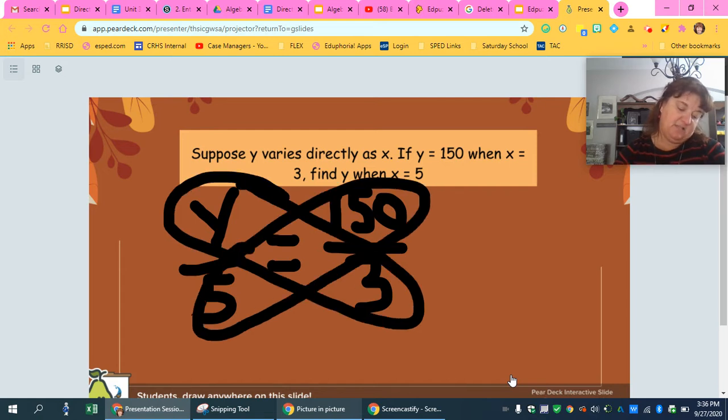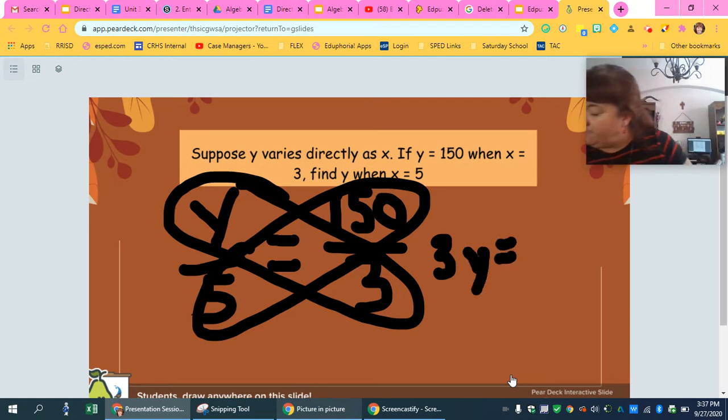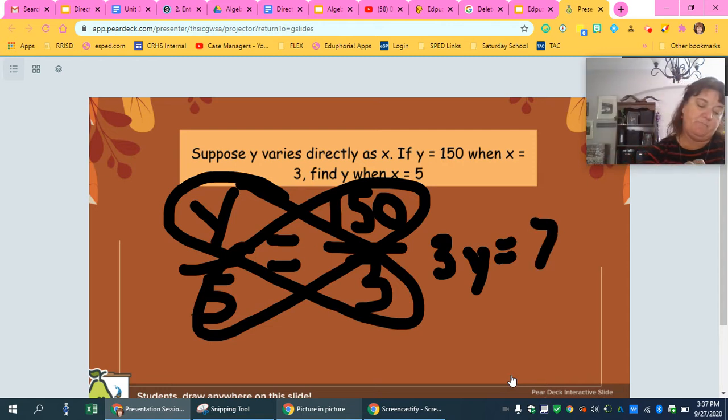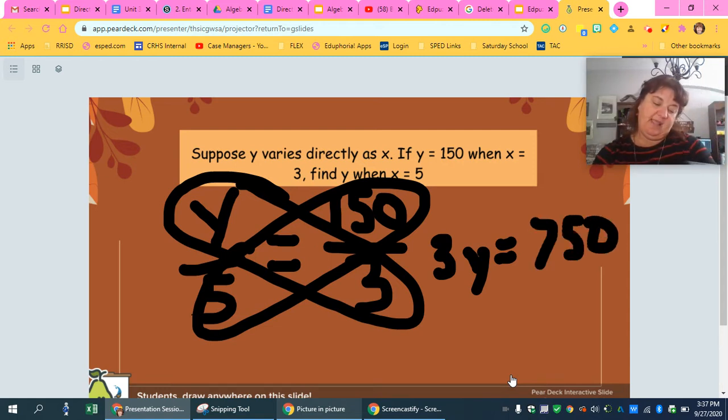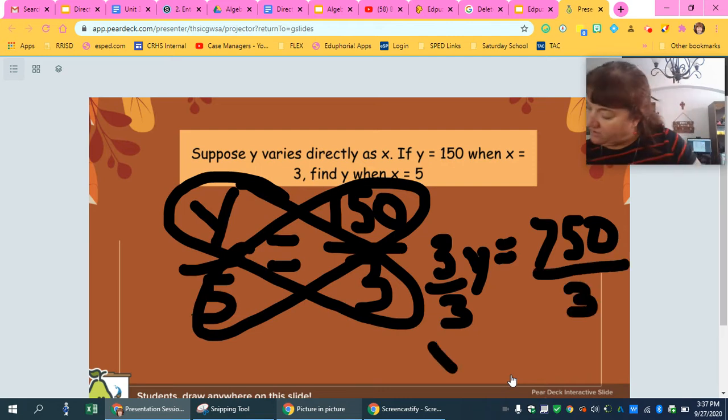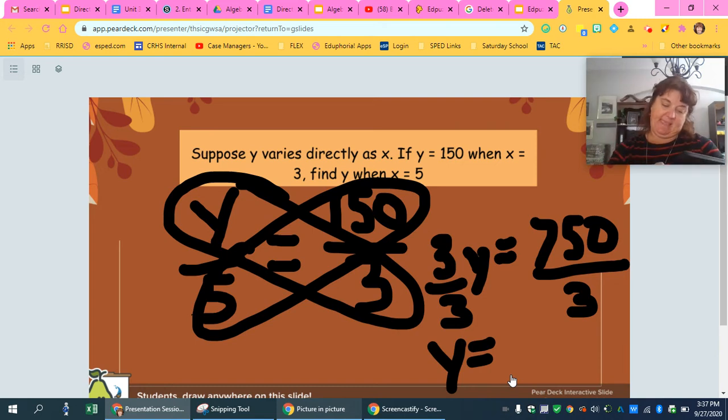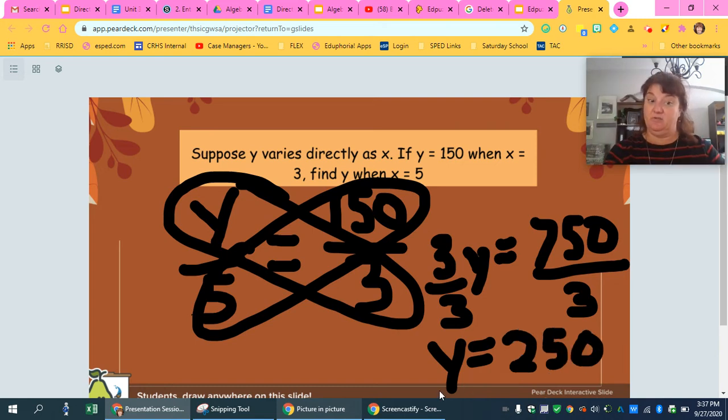So we get 3y equals 5 times 150. I bet some of you could do that in your head if you know money really well. 750. Then we divide by 3. Y equals 250. Bam. There's our answer.